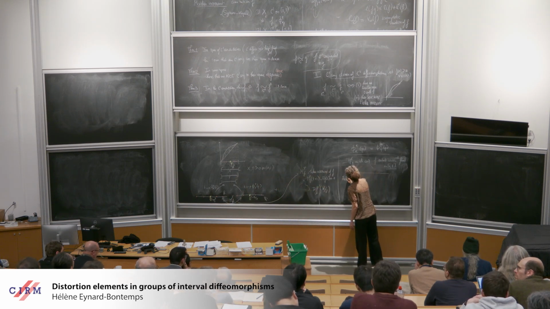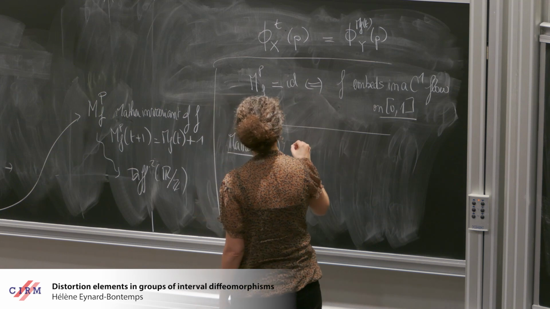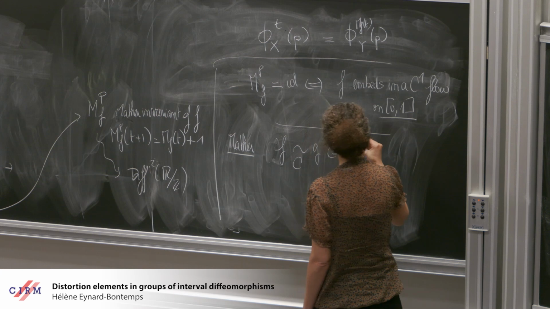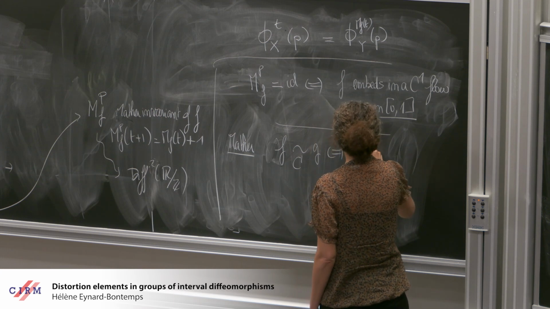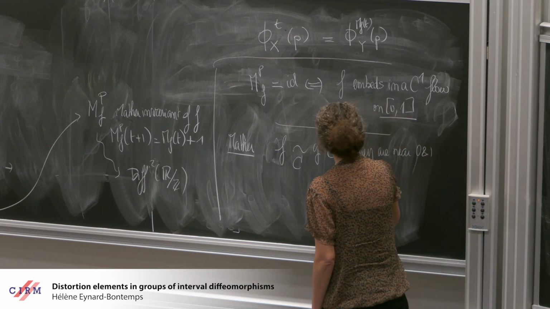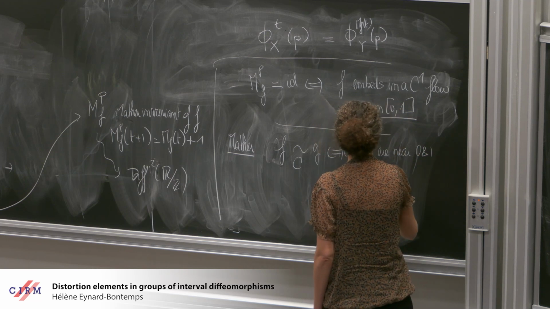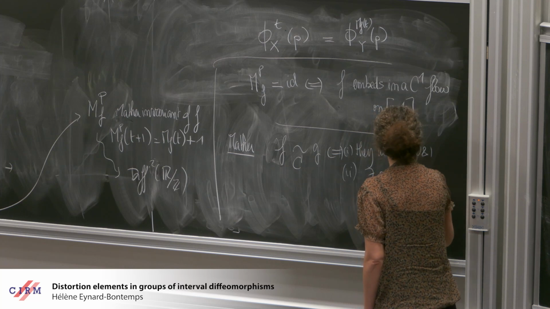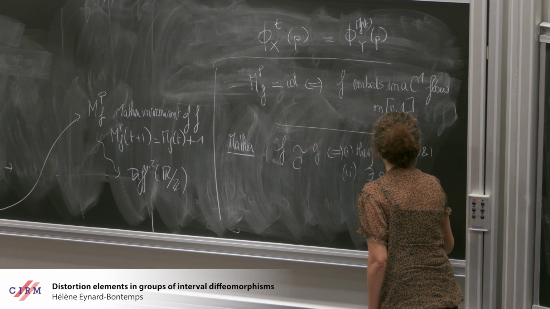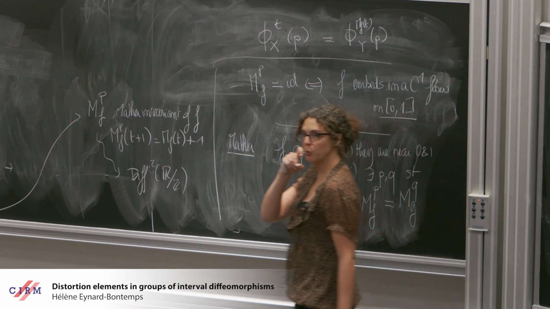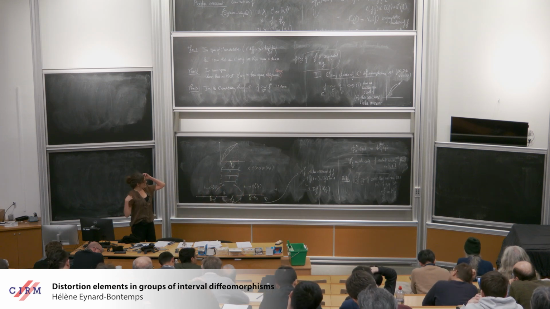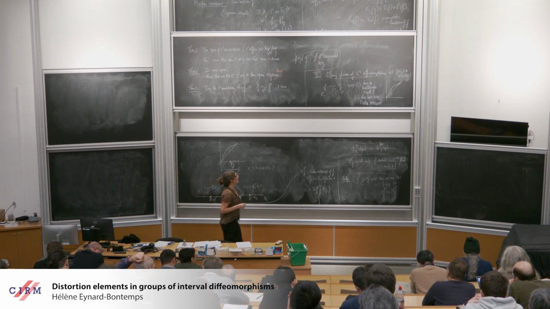So what I stated above, and I'm going to state more precisely: f and g are C1 conjugated if and only if they are C1 conjugated near 0 and 1, and there exist 2 points, P and Q, such that the matter invariant of f with base point P is equal to the matter invariant of g with base point Q. And I'm going to wave hands to give you the proof.